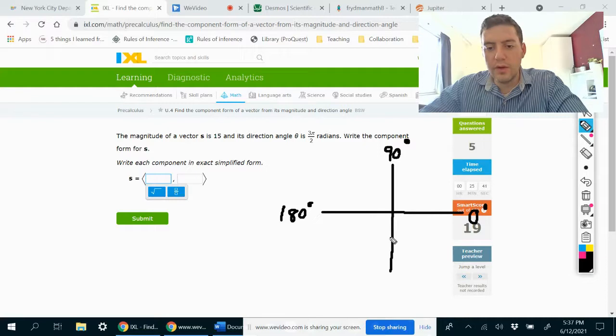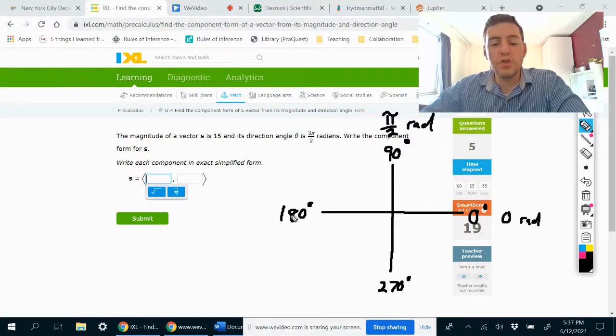From here all the way around to here is 270 degrees. So that's degrees. In radians, this would be 0 radians. 90 degrees is the same as pi over 2 radians. 180 degrees is the same as 2 pi over 2 radians, or 2 pi over 2 is just pi, so pi radians. And 270 degrees would be 3 pi over 2 radians.